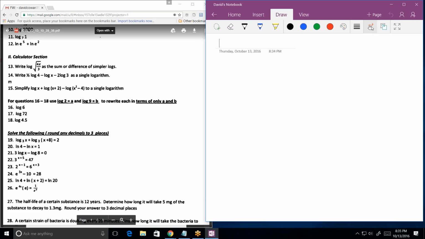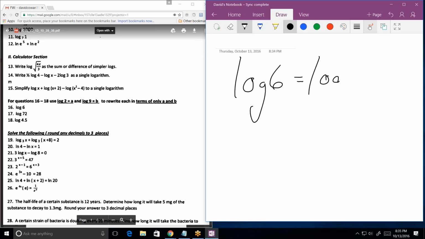Would it be a 1/3 b? Rewrite each in terms of only a or b. Well, let's start with the log of 6. You might be right. I just got to think about it for a moment.